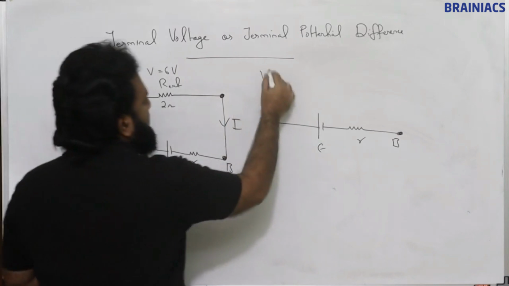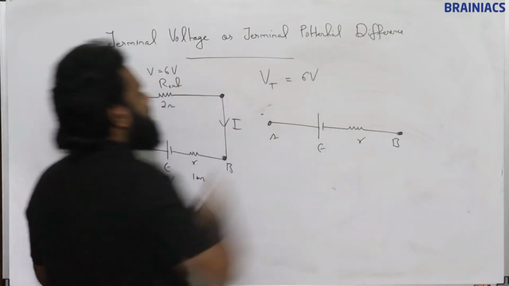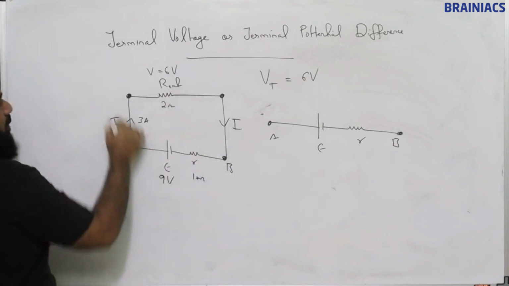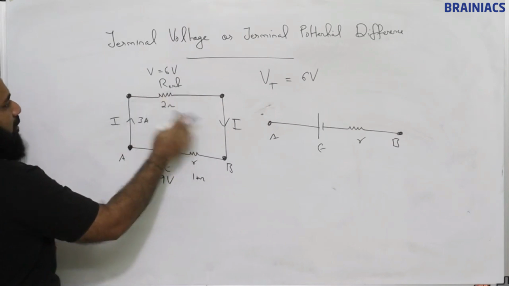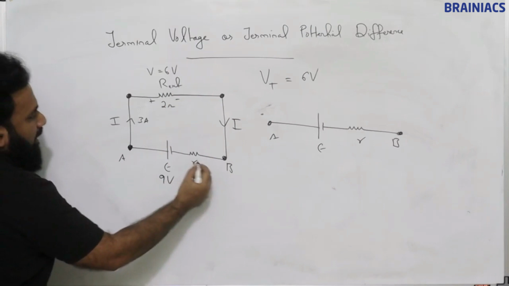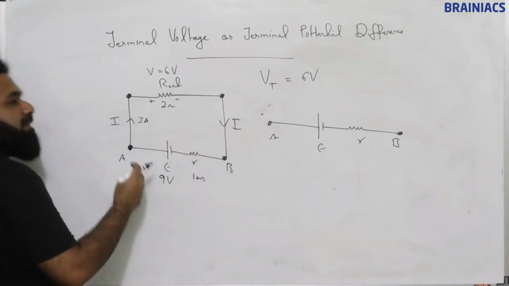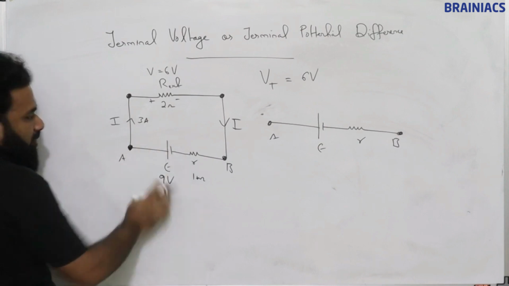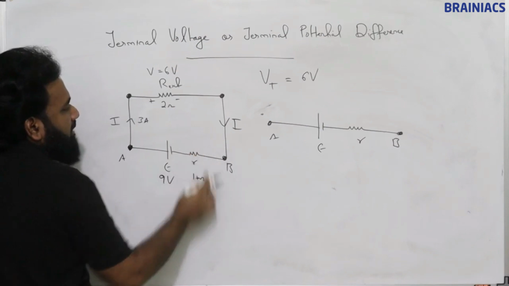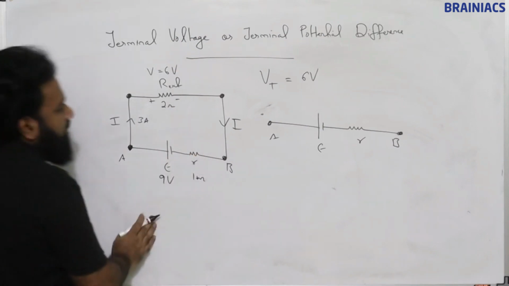So terminal potential difference or terminal voltage is nothing but this 6 volt. Current is flowing in this direction outside the circuit from the positive terminal to the negative terminal. When we address this resistance as internal resistance, when we put it outside, we are putting this symbol just to show that this is also a resistance offered by the battery.